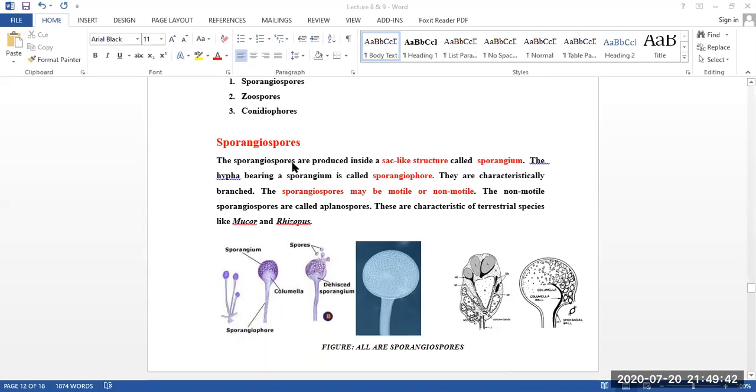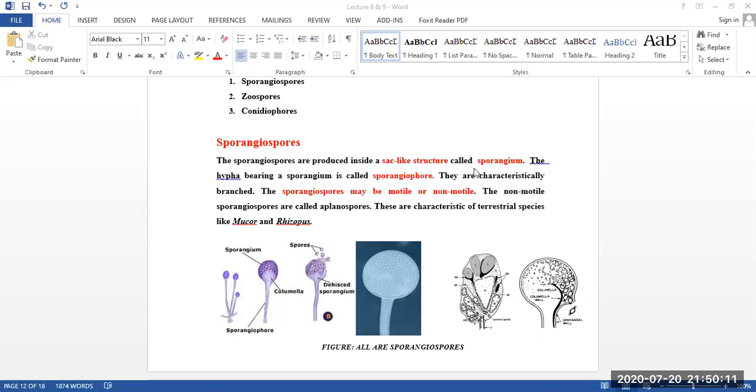First of all, sporangiospores. They are produced inside a sac-like structure, and within this structure all the spores are present. That is a sporangium, and whenever the sporangium breaks down, the spores come out into the environment.